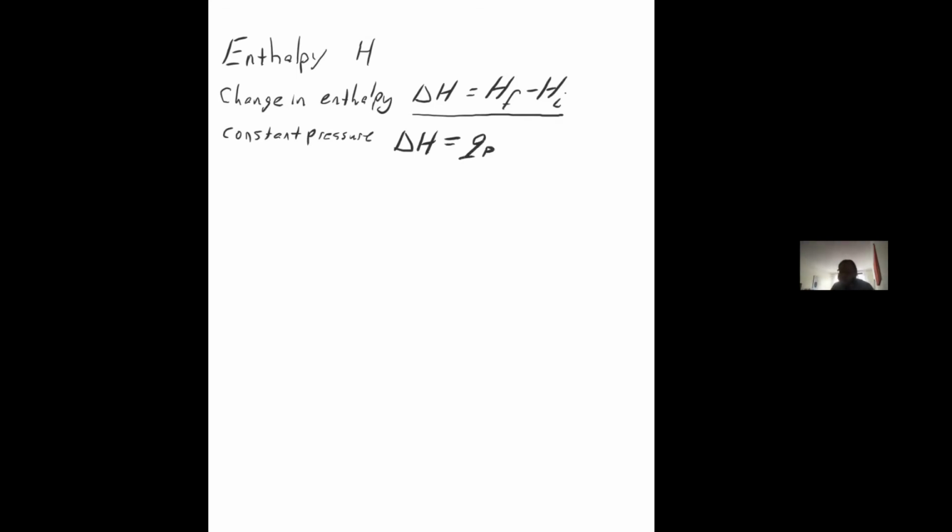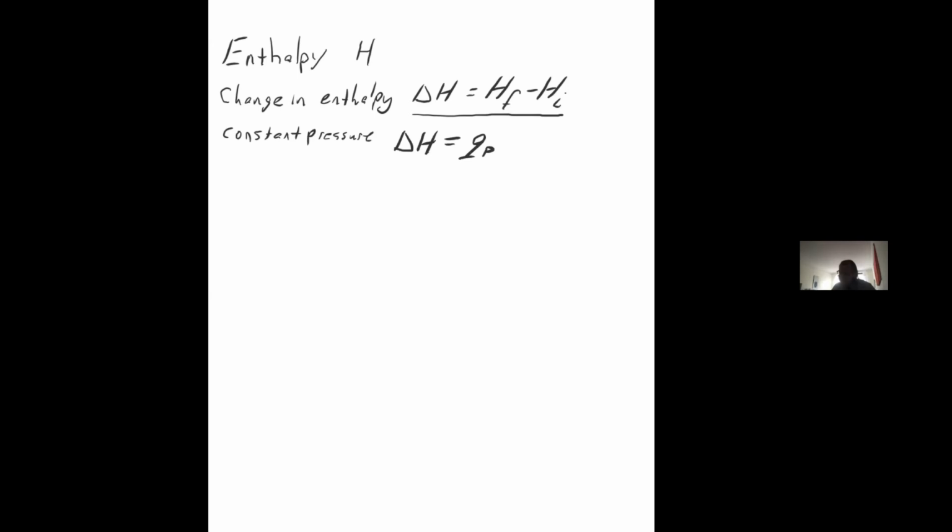The significance of that is that since we are often running reactions at constant pressure, that allows us to very easily find the change in energy. Even though enthalpy is not technically the same as internal energy, they're pretty similar. It's essentially a measure of how much energy something has in which heat is being transferred during the process.